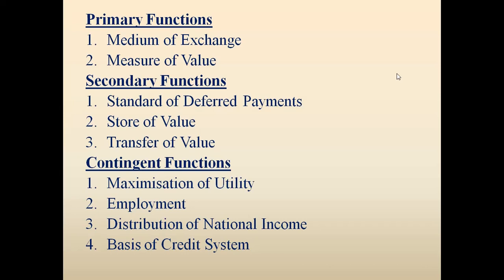So for obtaining the maximum utility from any commodity, you can use money. Money acts like the intermediary here. Like in the first semester when we were talking about the cardinal utility analysis theory, where in the case of one commodity, MUx equals Px, isn't it?